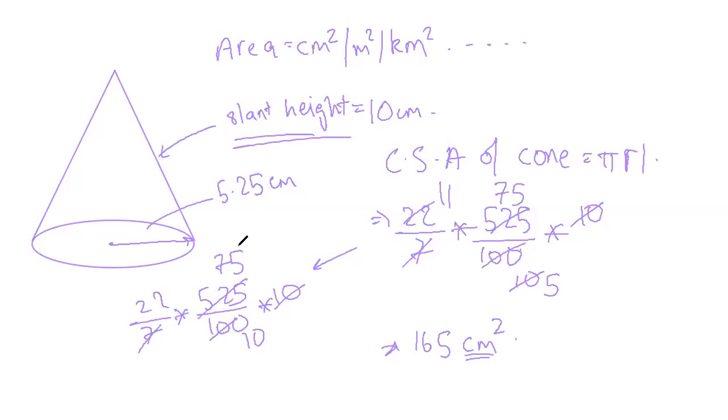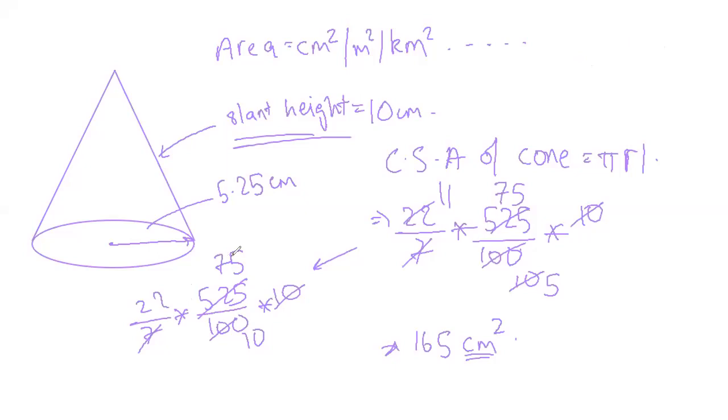Most of you in ICSE and CBSE will be disallowed from using a calculator, so you'll be doing it by hand. But in this video, all I'm doing is rushing through the sums so that you get a clear perspective of surface area and volume exercises concerning cones.